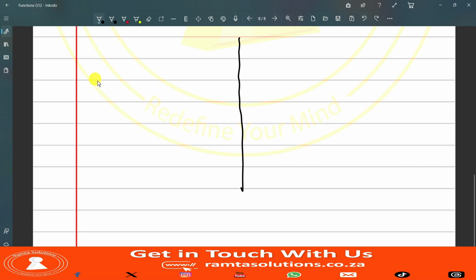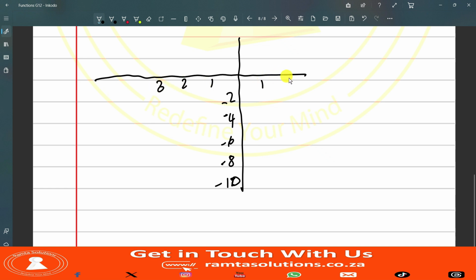So I'm going to say 2, 4, 6, 8, 10. So negatives would do, and then we have 1, 2, 3. 1, 2, 3. Okay, and 1. Okay, just 2. All right, so we are good.